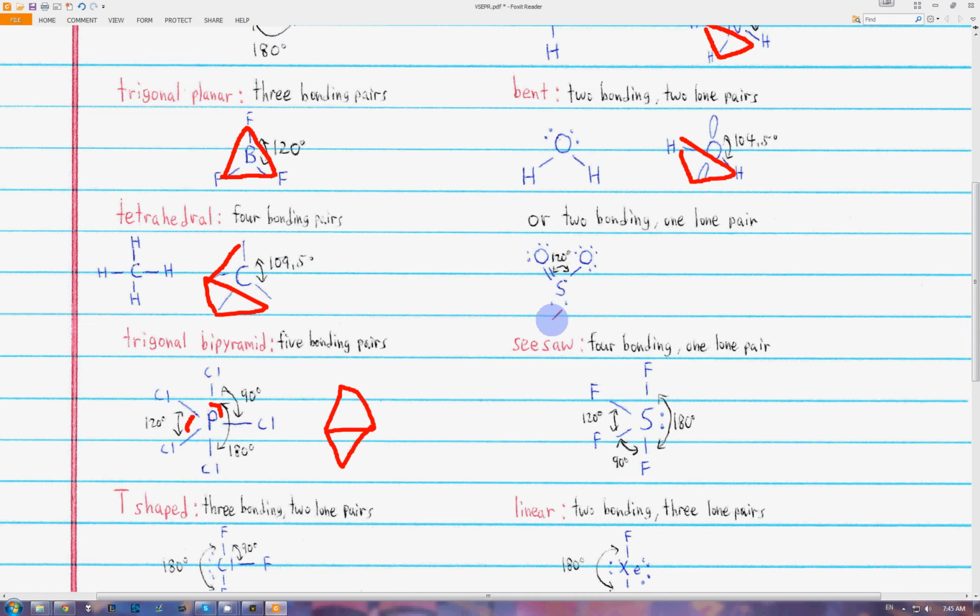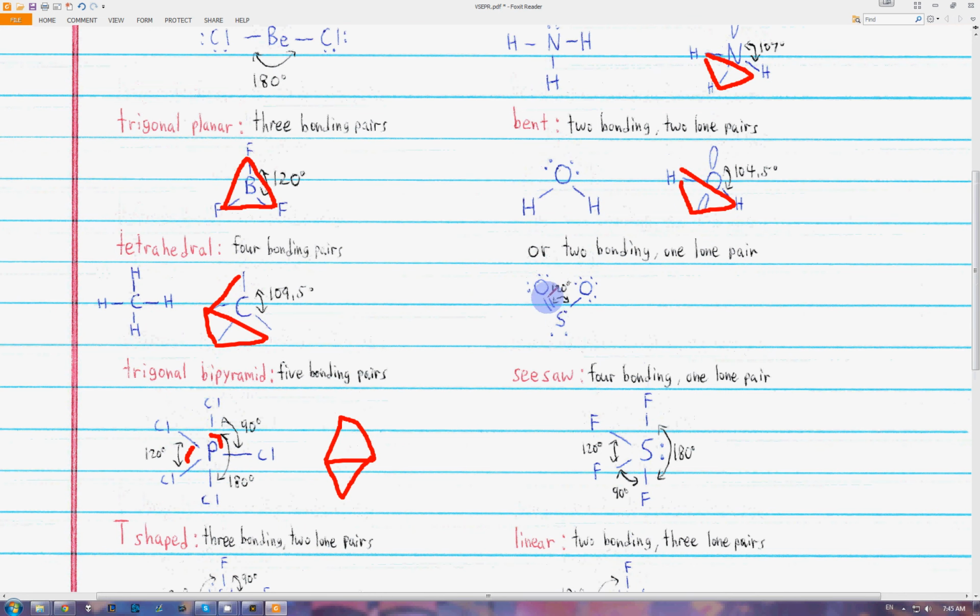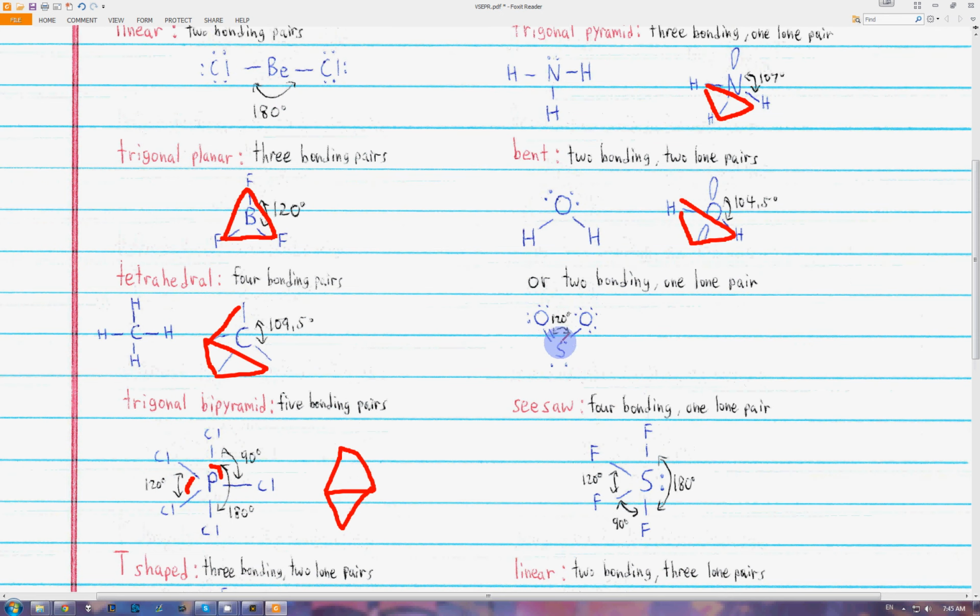One is taken up by this lone pair, one is taken up by this single bond, and one is taken up by this double bond. So this double bond fits into one space. We don't count it as 2 separate bonds. If we counted it as 2 separate bonds, then this would have 3 bonding pairs and 1 lone pair, so it would be more of a trigonal pyramid, but that's not the case. We just count it as 1 bond.